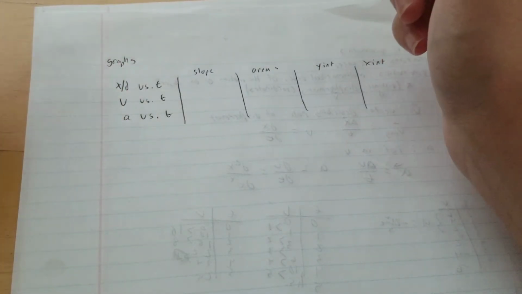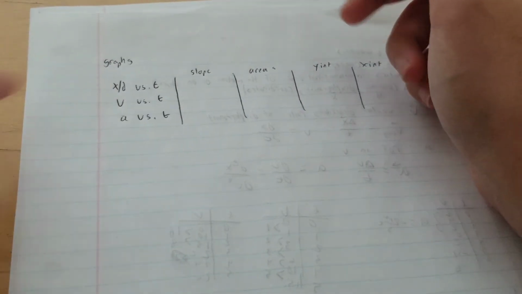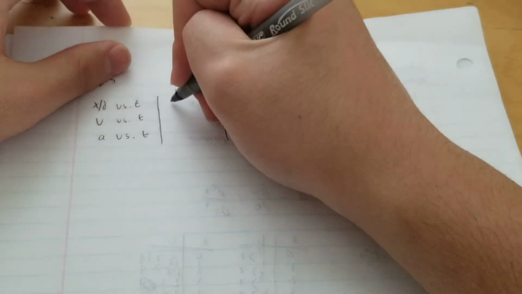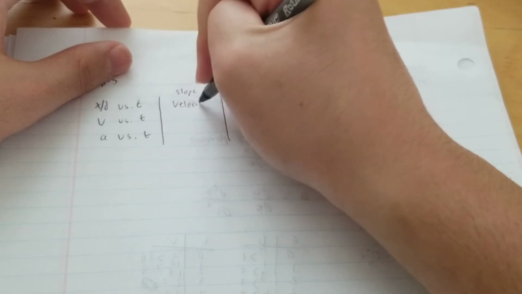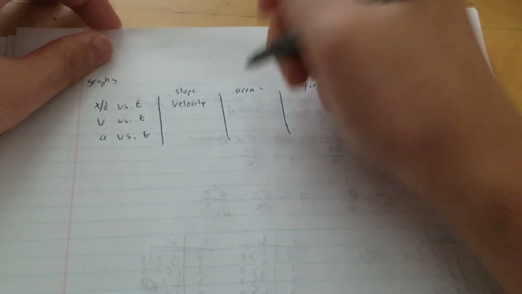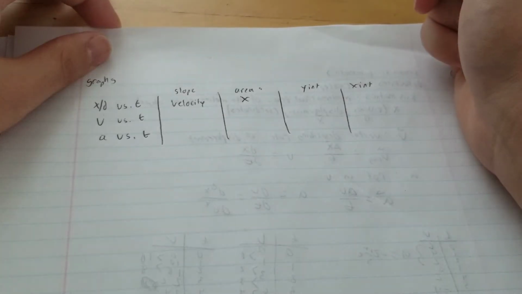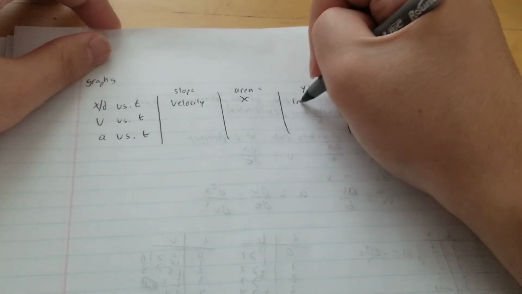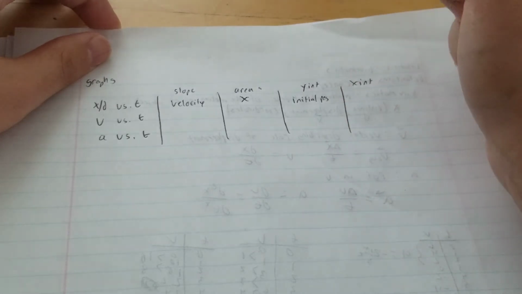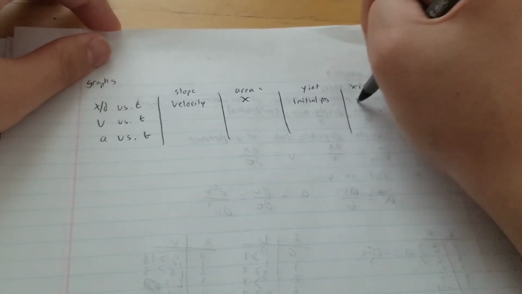So generally, what you can find out: slope, area, y-intercept, x-intercept, right? So for x, or distance versus time, the slope of such would be velocity, right? And the area would not give you anything, and the y-intercept is the initial position of the object, and the x-intercept is just x equals 0, right?